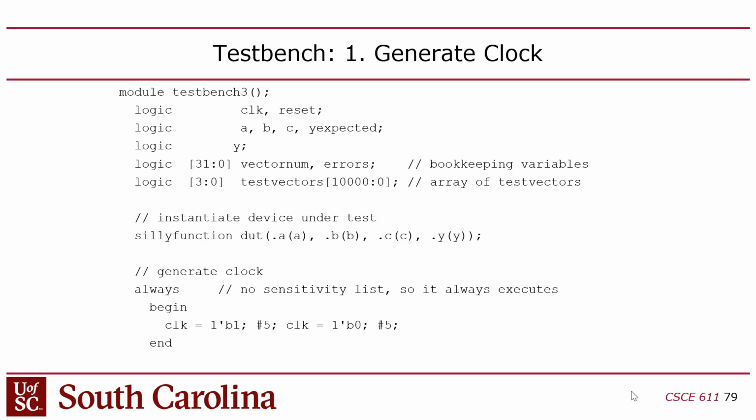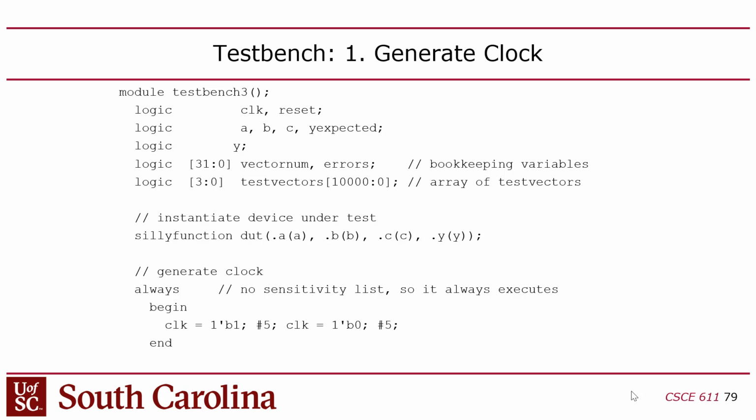So the first number, 3:0, is the width, meaning the columns. There are 4 columns. And the second number, which is 10,000 down to 0, is the depth, the number of rows. Why do they do it that way? I don't know.